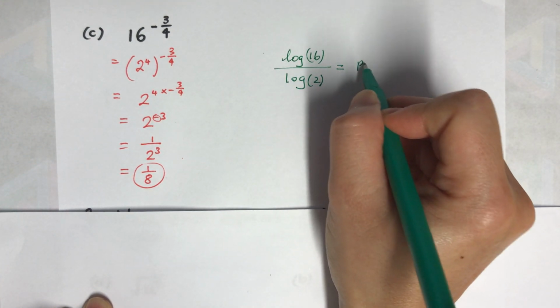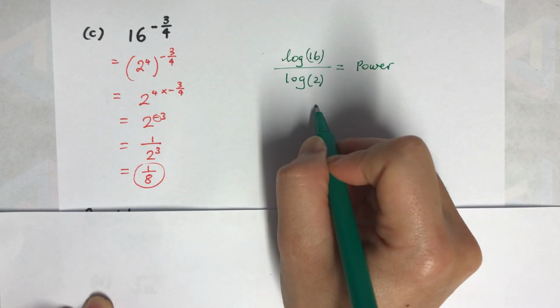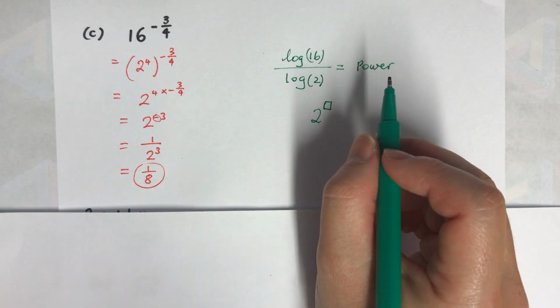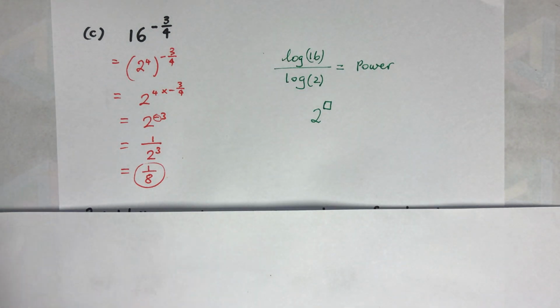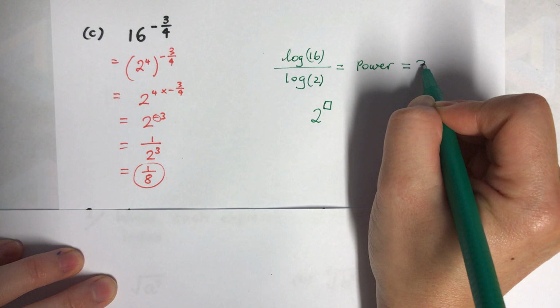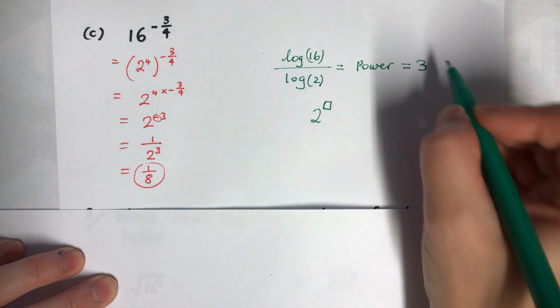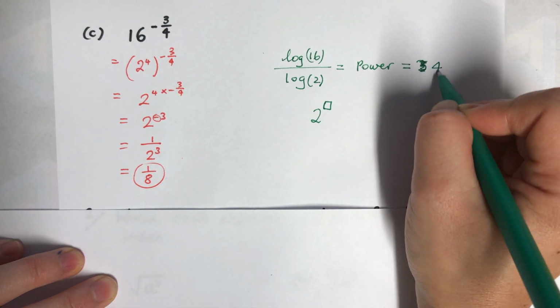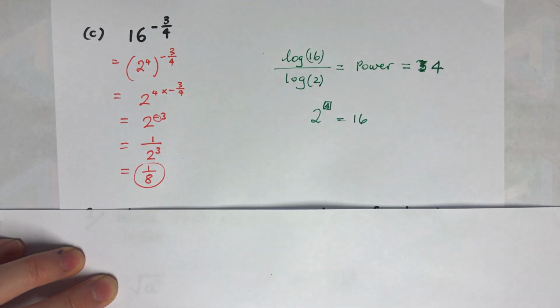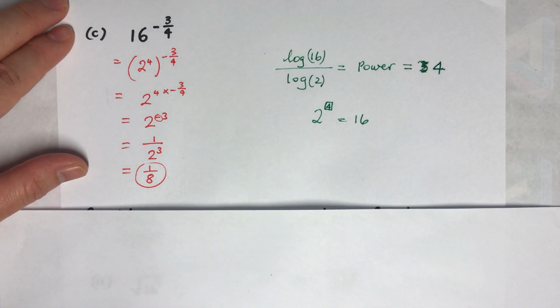It'll give you the power. So I'm looking for 2 to some power here. If you just use a calculator and put it in the fraction form, log 16 over log 2, you will get a power of, sorry, 4. That means 2 to the power 4 is 16. Just a quick shortcut there.